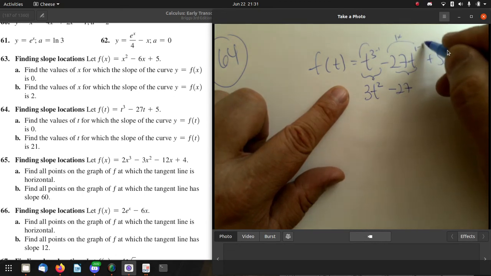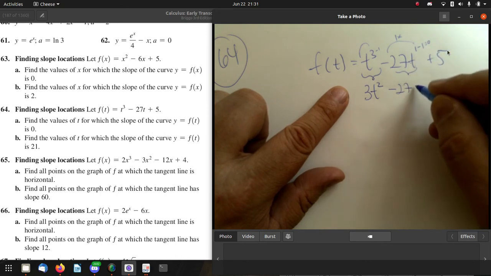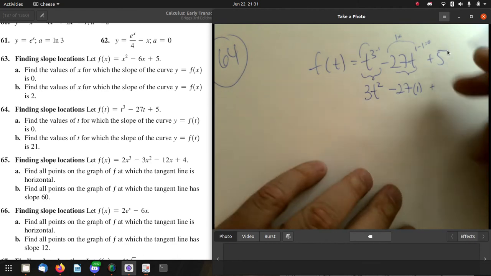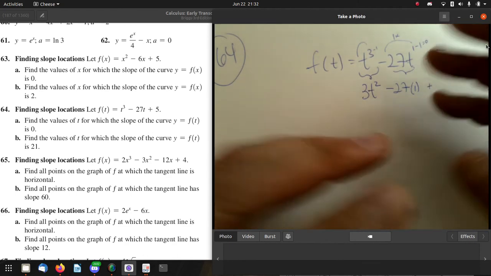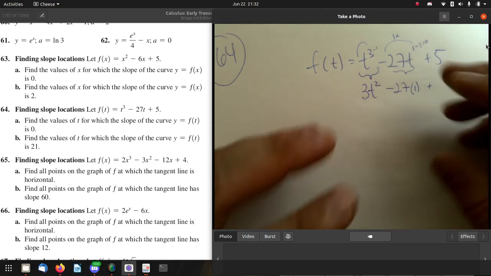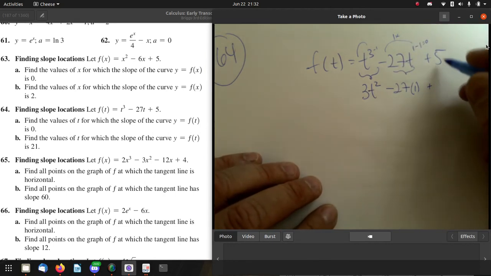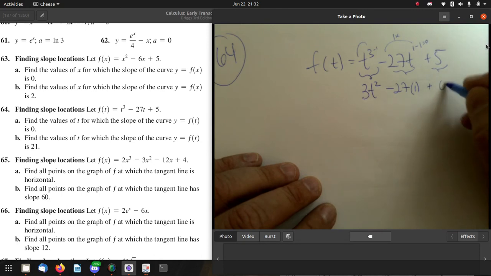And then 1 minus 1 equals 0, and t to the 0th is just 1. So if you want, you can write in a times 1 there if it makes you feel better. I used to when I was starting, and I still don't mind writing it in every time just to prompt myself visually when I'm debugging lines of math. And then the derivative of 5 is a constant, which is 0.